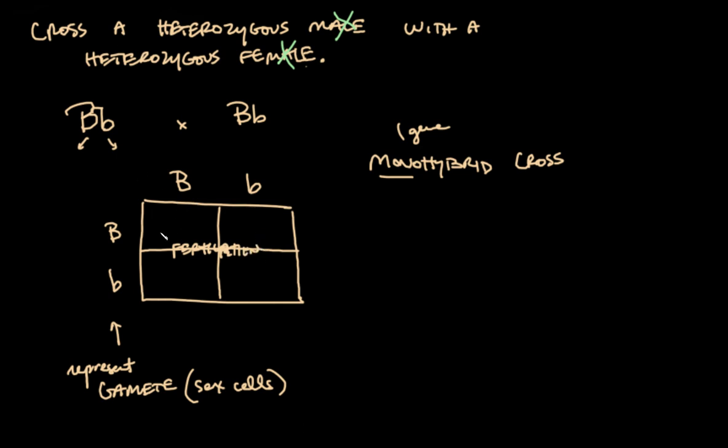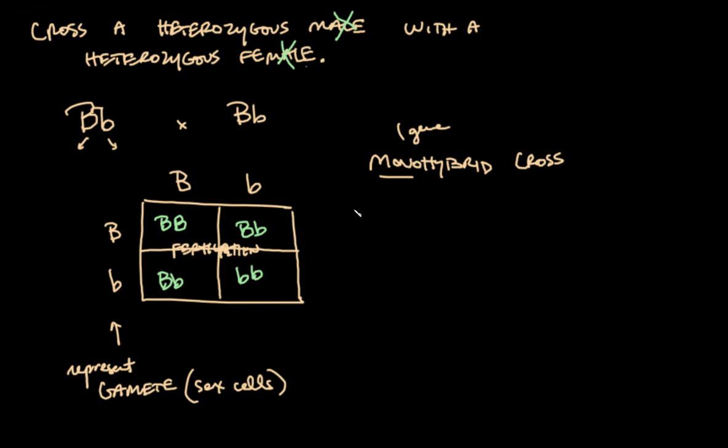So what we're doing is just combining these letters. So in the offspring, we end up with a homozygous dominant, 2 heterozygous, and 1 homozygous recessive.